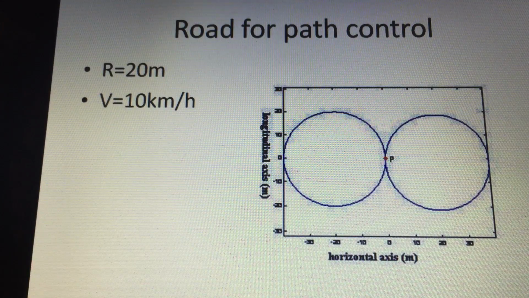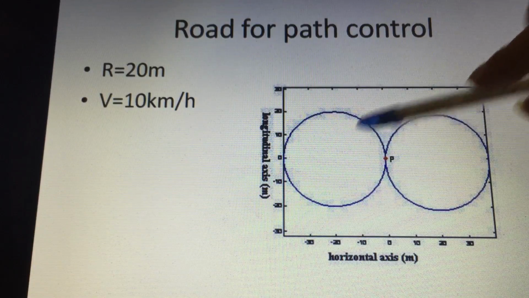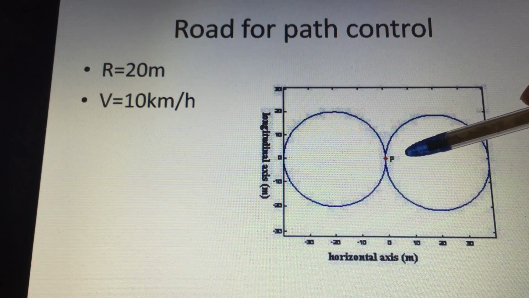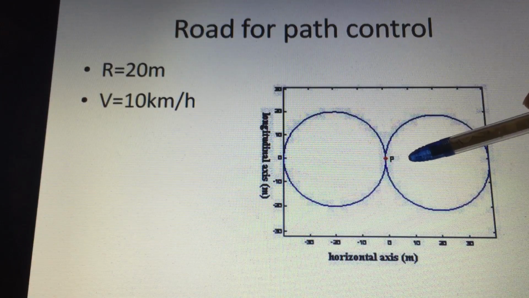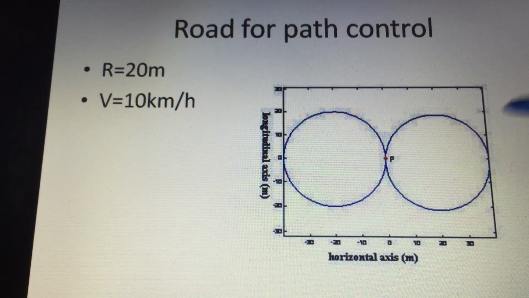Okay. Now we make simulations with MATLAB programming. Suppose we have a road that includes two tangents, and the tangency point is P. The radius of the tangent is 20 meters, and the speed is 10 kilometers per hour.